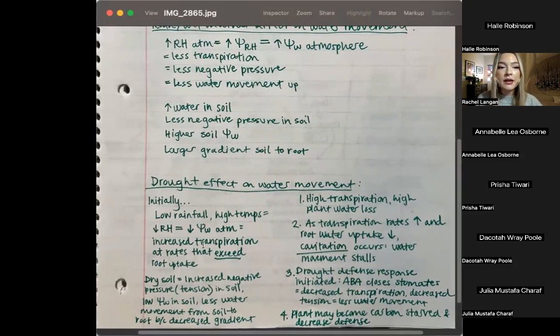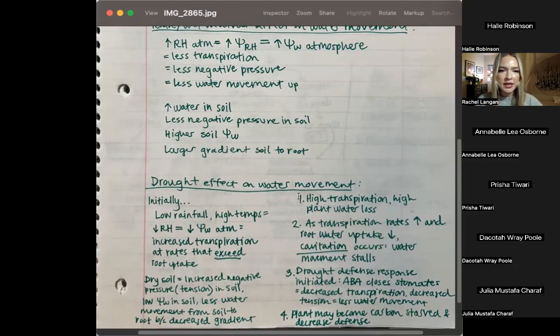Initially, that's going to increase transpiration, and it's going to exceed root uptake, because if there's no rainfall, there's not very much water in the soil, and for all the reasons we just said, we're not going to get water into the roots. I listed that out here: dry soil, increased negative pressure in the soil, which is going to cause a lower gradient from the soil to the roots.